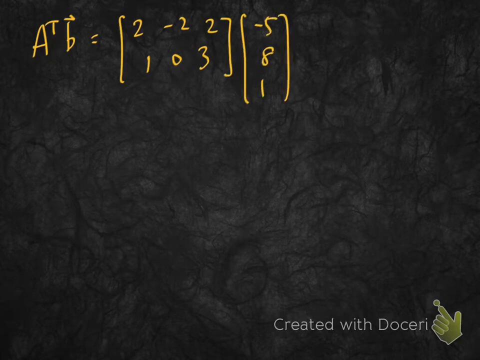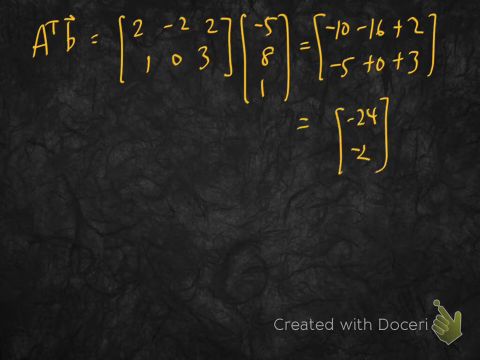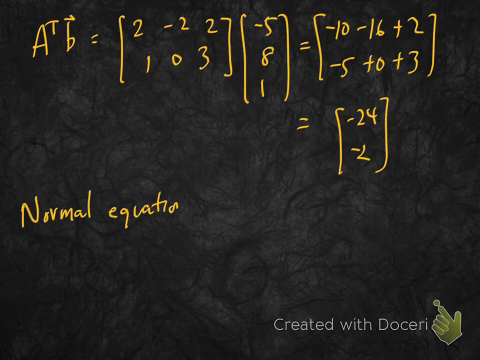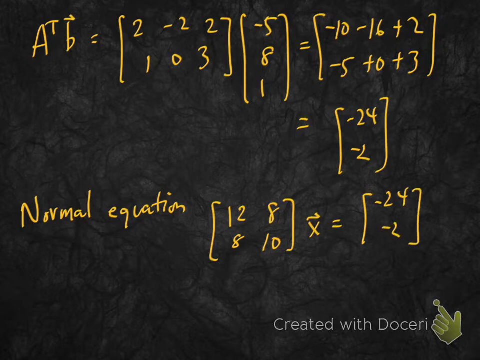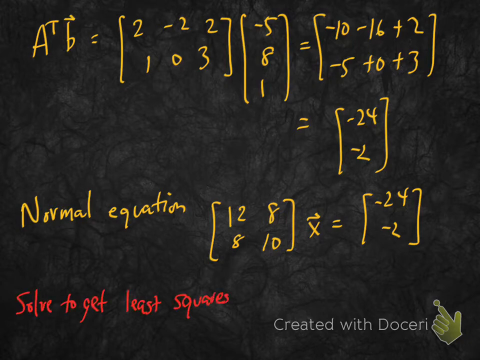Okay, so next I compute A transpose b. And I do that matrix vector product. And when I simplify the arithmetic, I get this vector (-24, -2). And so the normal equation is just given by the matrix 12, 8, 8, 10 times x equals (-24, -2). So I can solve to get the least squares solution.